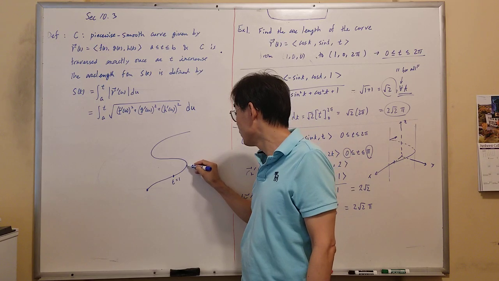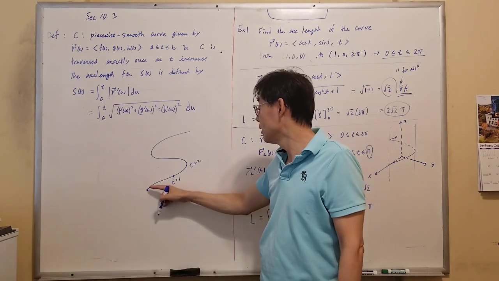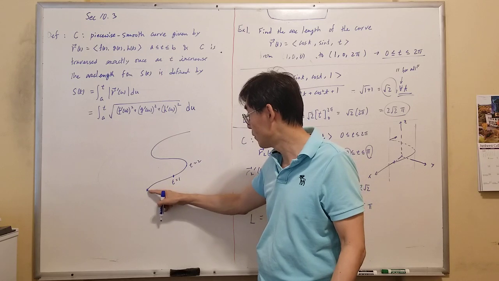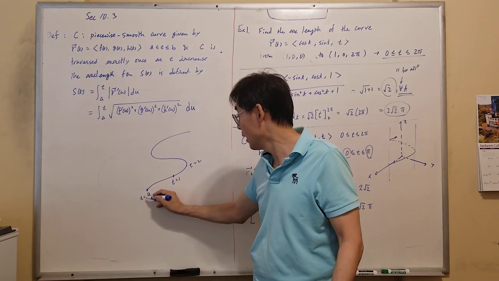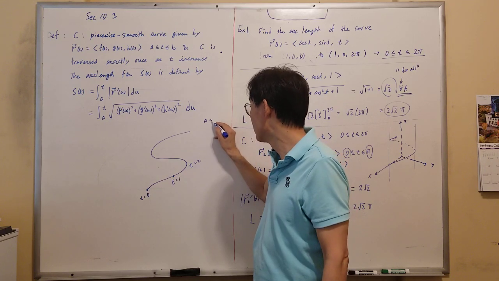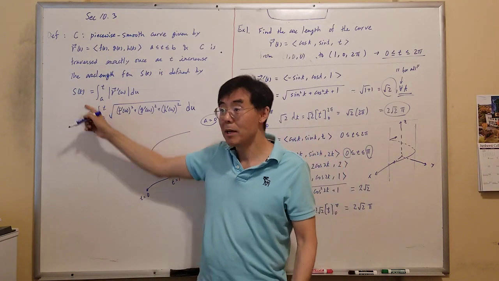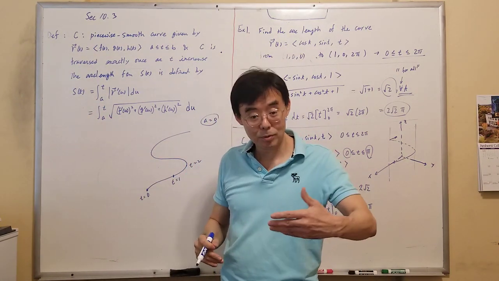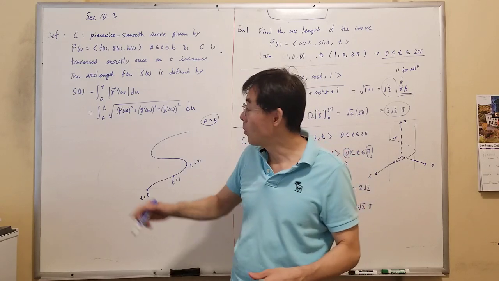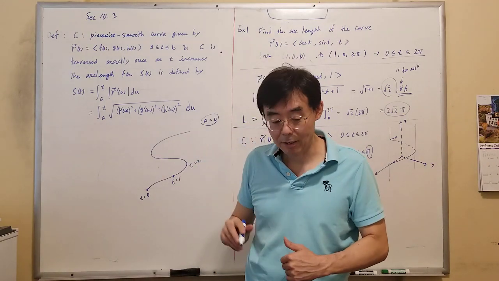At t equals 2, if you're here, then S of 2 will be the distance from here to here, or the distance you travel from the beginning, t equals a. Let's say a equals 0. So this measures arc length up to time t, or distance traveled up to time t. We call it the arc length function.